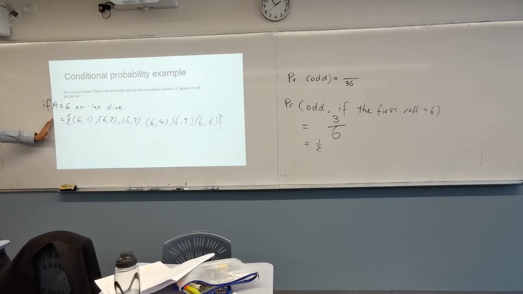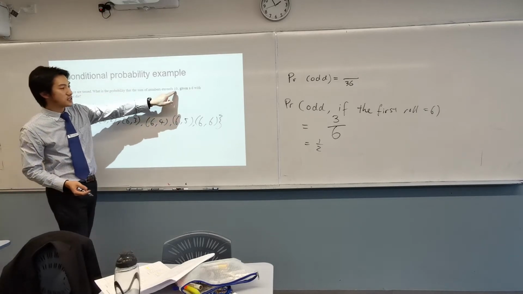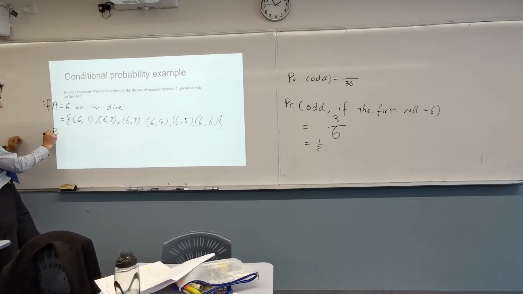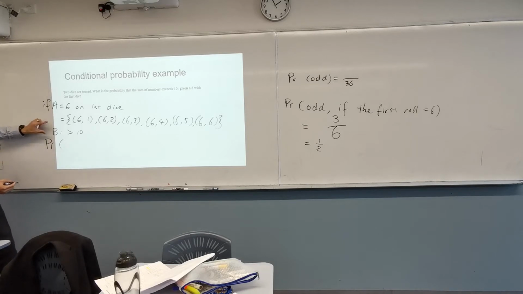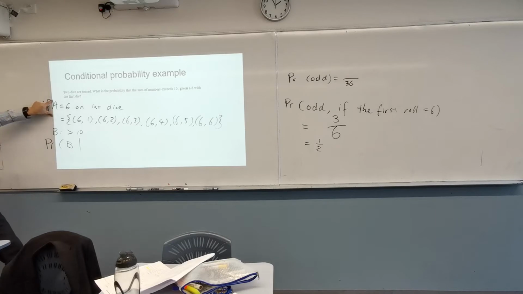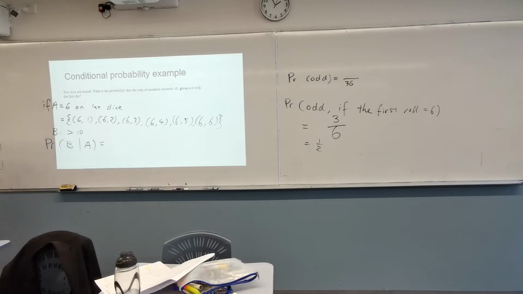Now my question is, what is the probability that the sum of numbers exceeds 10, given this condition? The way I'd write it out, using proper notation, is the probability that the sum of numbers exceeds 10, that's B, given the condition for set A is satisfied.